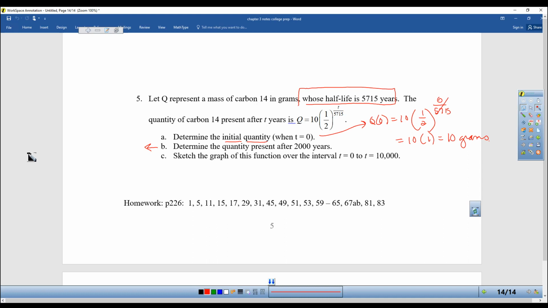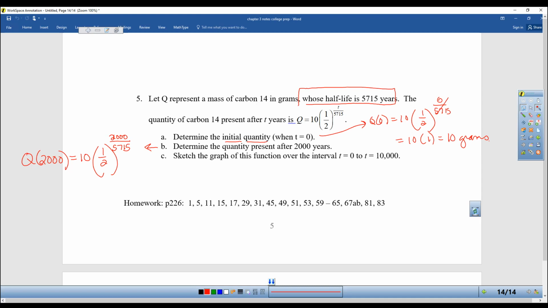So I'm going to plug that in. Q of 2,000 is equal to 10 times 1/2. And this, again, is where it might really help you to use that function on your calculator that makes the little fractions for you, and then you can be sure that you punch that in correctly.